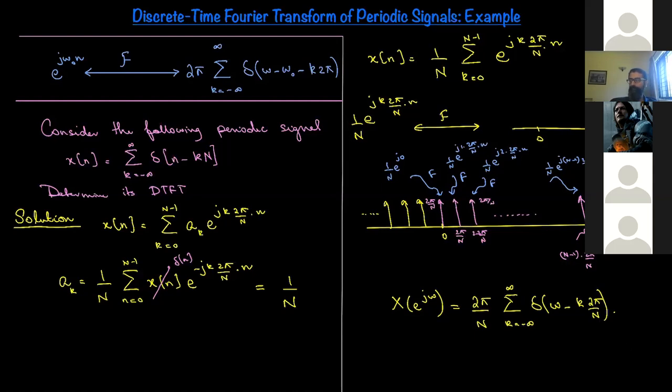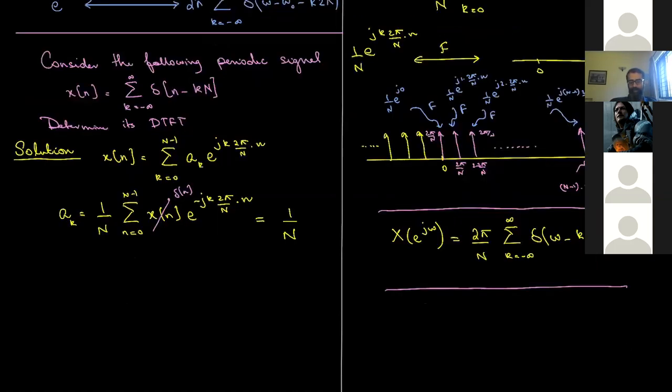Sir, can we generalize this method, meaning if anyone knows the Fourier series coefficients, we can use this same approach? Exactly. Excellent. So for any Fourier series coefficients that you know, if I give you any periodic signal in discrete time and ask you to determine its Fourier transform, all you need to do is determine the Fourier series coefficients a naught to a N minus 1.